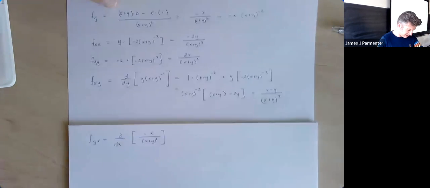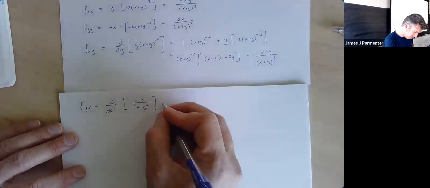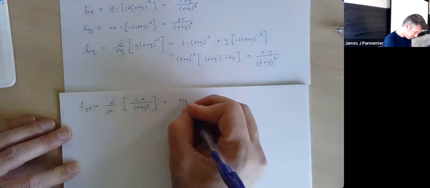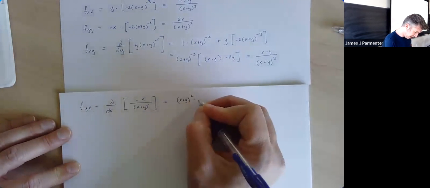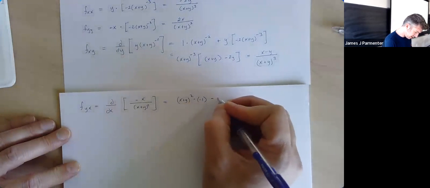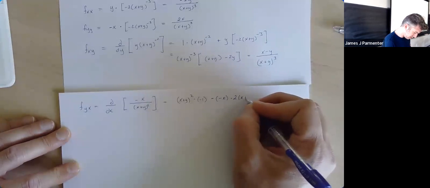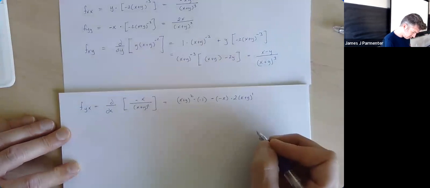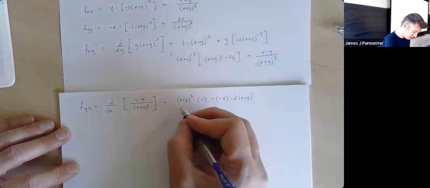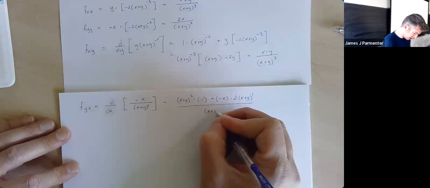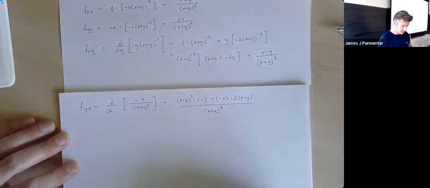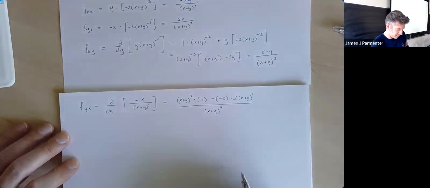So now taking the derivative that way: bottom times the derivative of the top, which is -1, minus the top times the derivative of the bottom, which is 2 times (x plus y) to the 1st times 1, over the bottom squared, which is (x plus y) to the 4th. So here, same kind of work, but a little bit different.